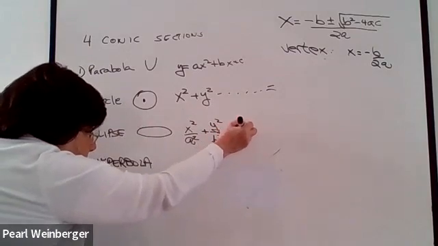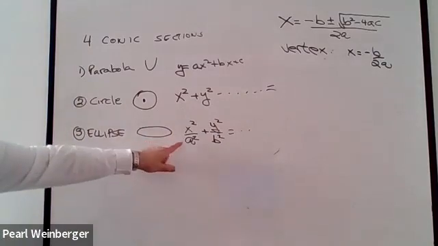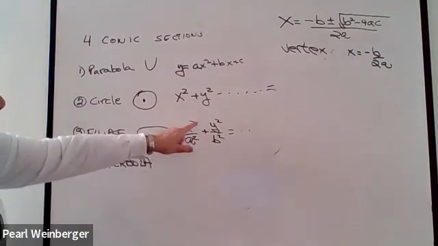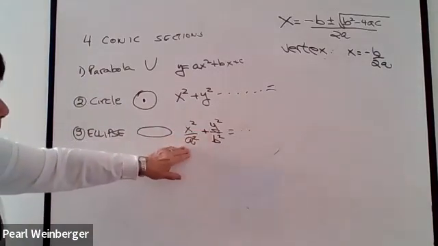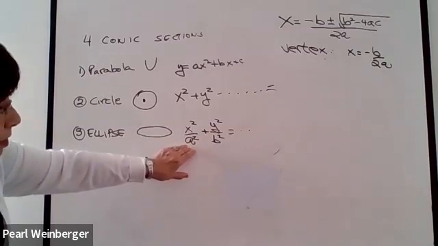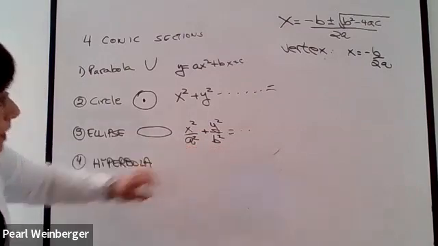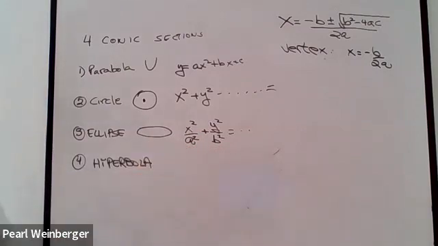It's going to equal something. Notice it has an x squared plus a y squared, but there are numbers underneath the x squared and the y squared, the a and the b, and they're different numbers. They're not the same number.